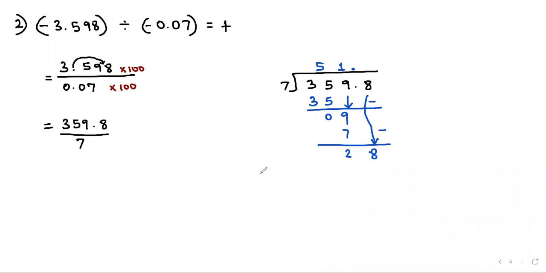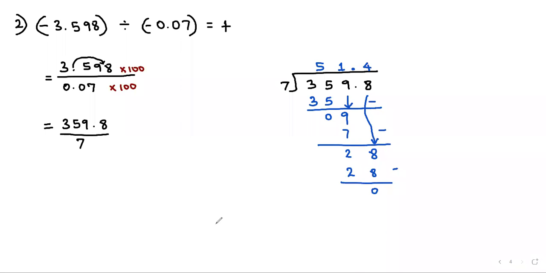Now we have 28. So 28 divided by 7, what do we get? 4. And 4 times 7, what do we get? 28. So subtract 28 from 28. What do you get? 0.